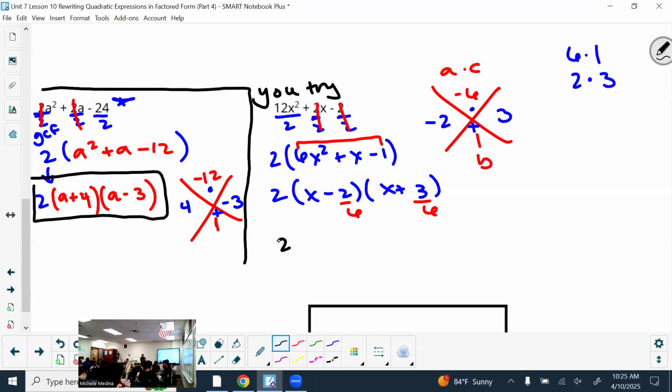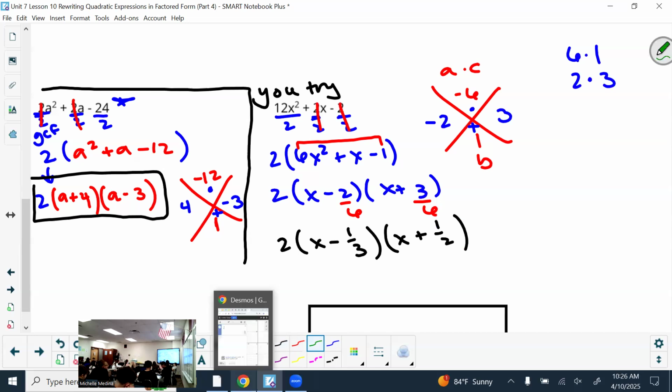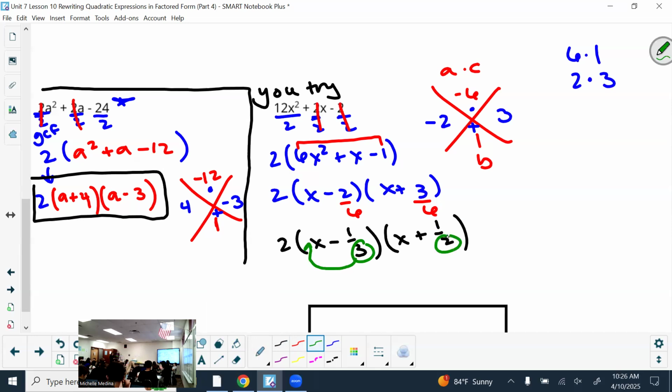Calculator if you have to. Class, what does 2 over 6 reduce to? Good, 1/3. What does 3/6 reduce to? Good, and then you need to slide any remaining denominators in front of the variable. This is the best way for me to write it to make it look neat.